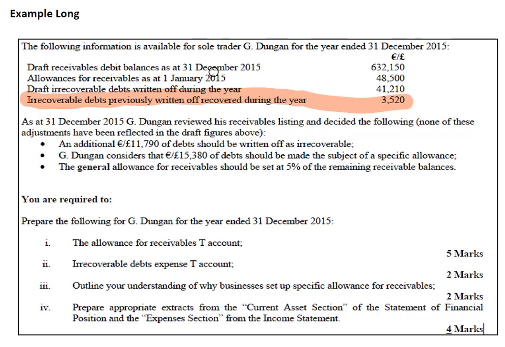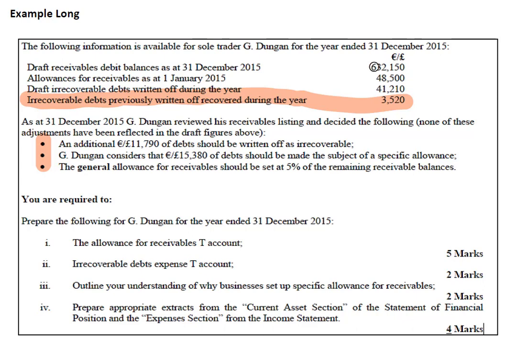So in that particular case, this 632,150 has already accounted for the 48.5, the 41,210 and the 3,520. That's already within that 632,150 figure. So it's only these ones down here that I'm going to look at accounting for outside of that figure.